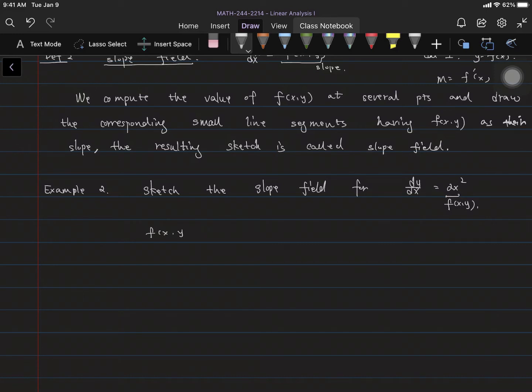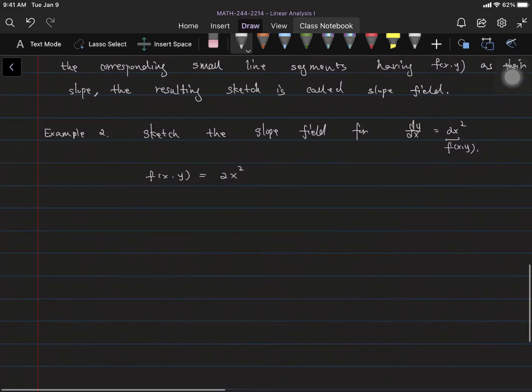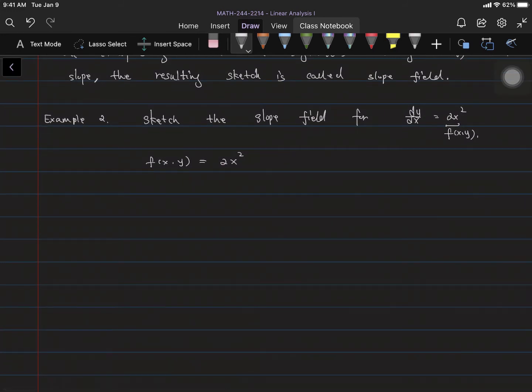So we make f(x,y) equal 2x squared. Here there's no y, but it's okay. For some other problems, there may be y, but it's just a function in terms of x and y. Now we draw a table because we want to draw several points and some small line segments.